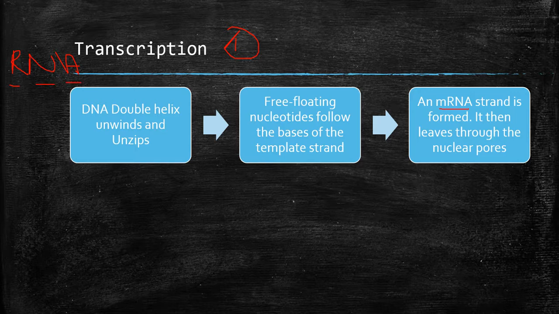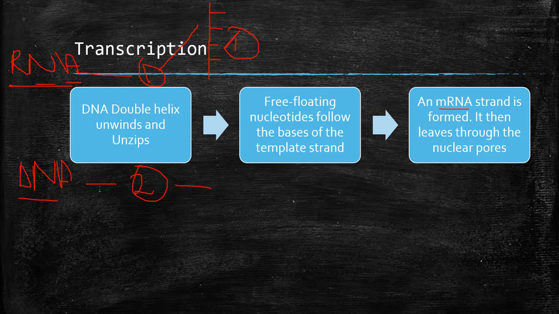The difference between DNA and RNA is that DNA is double-stranded and RNA is single-stranded. What we mean by single-stranded is that it only has one side. We have our RNA nucleotides, and that's it. There is no other side to this.